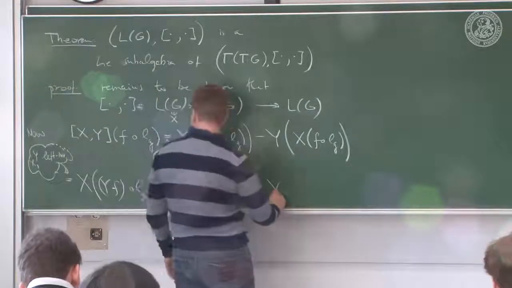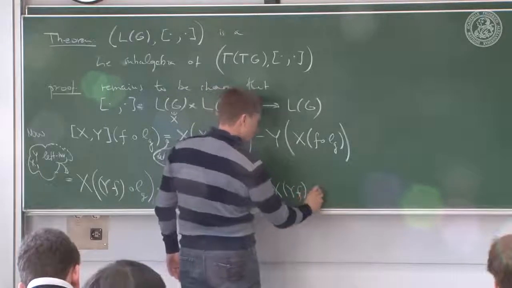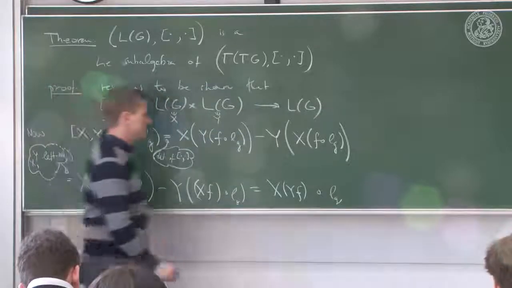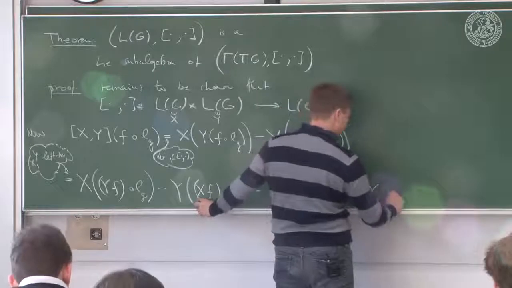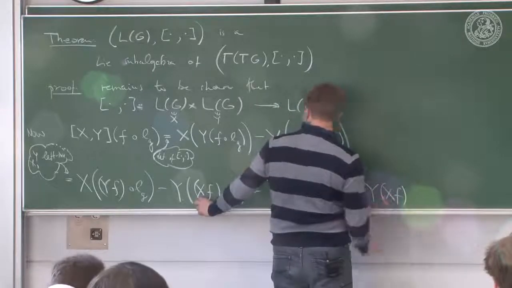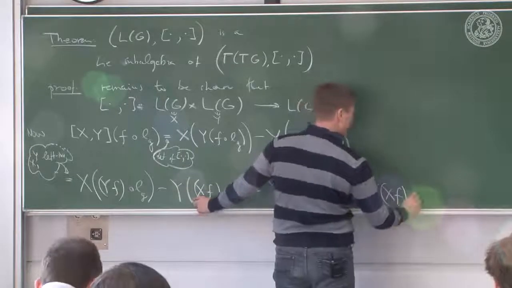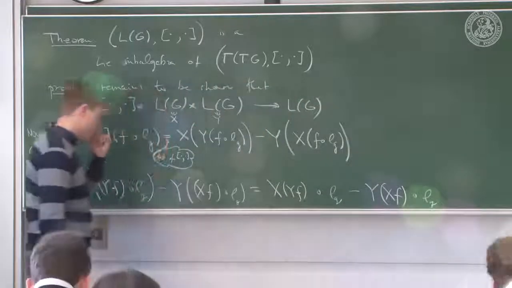So it's x of y of f, and only afterwards I compose with Lg. The same is true here. Minus y, I let it first act only on the function xf, which is only justified because y is left invariant. And only afterwards I compose with Lg.